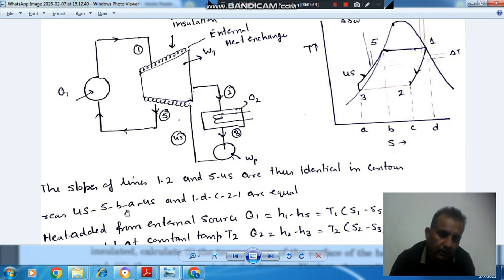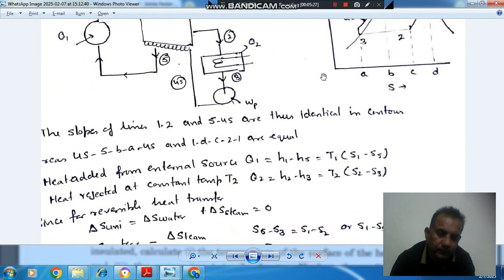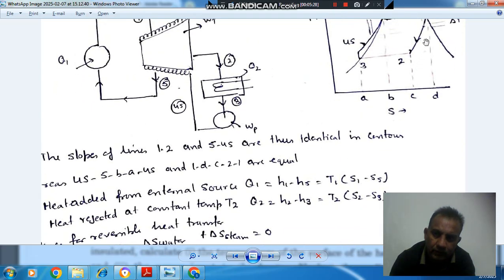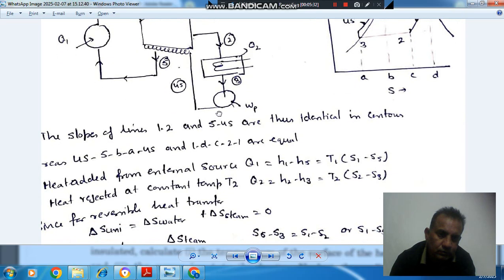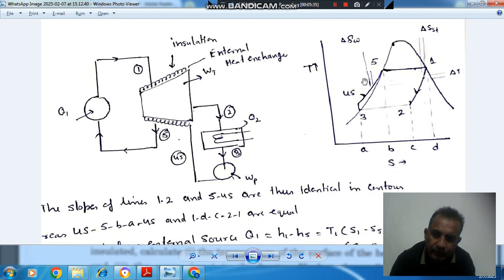So the heat that is rejected here is absorbed here. Now heat is added from an external source.